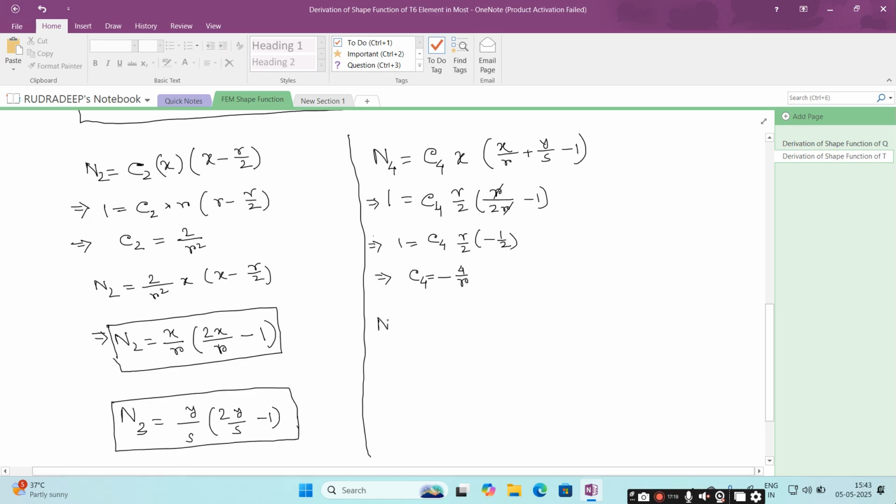So the shape function will be n4 equal to minus 4 by r x into x by r plus y by s minus 1. Let's write it in a general form, that is 4 x by r into 1 minus x by r minus y by s. So this is the shape function for node 4.